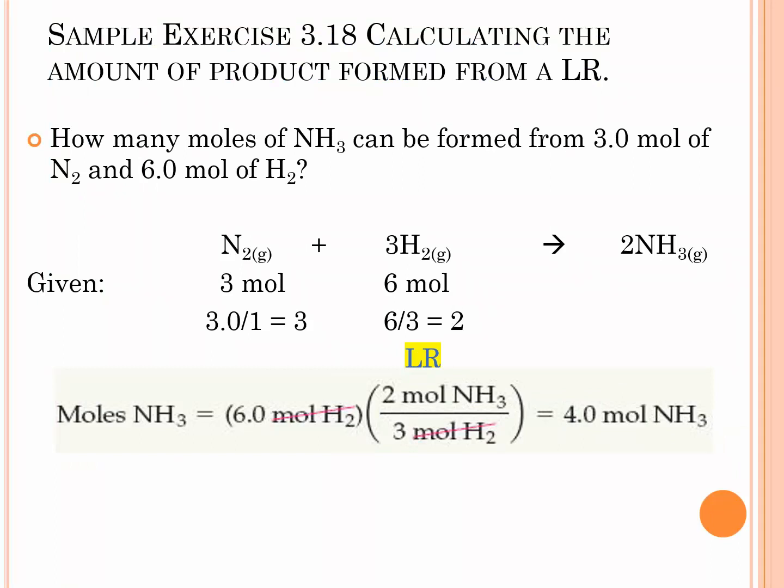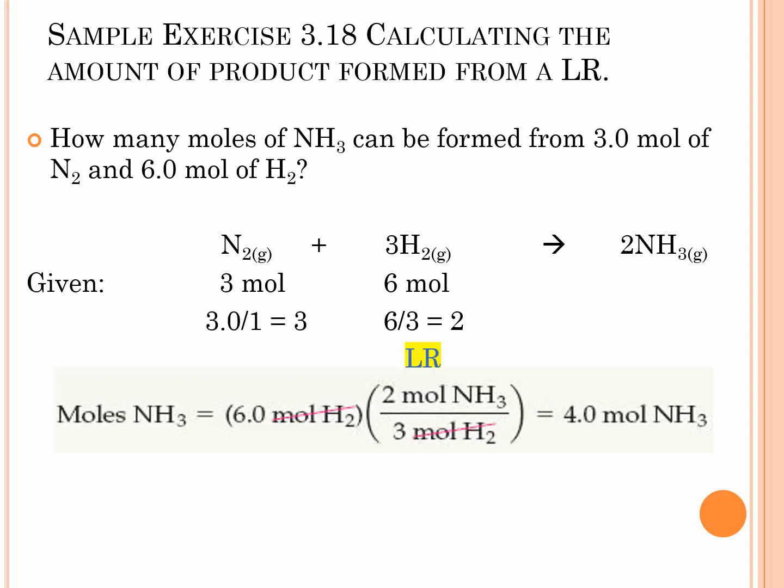Another sample exercise calculating the amount of product formed from limiting reactant. How many moles of ammonia can be formed from 3 moles of N2 and 6 moles of H2? Here again, this is a simple way to calculate this question. Here you are given 3 mole with 6 mole.